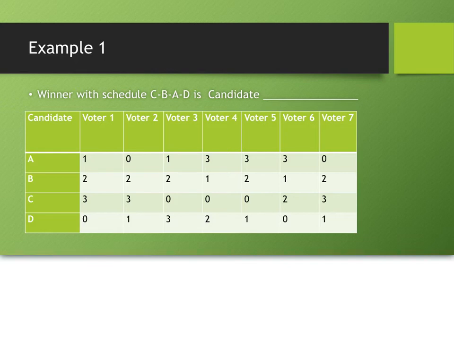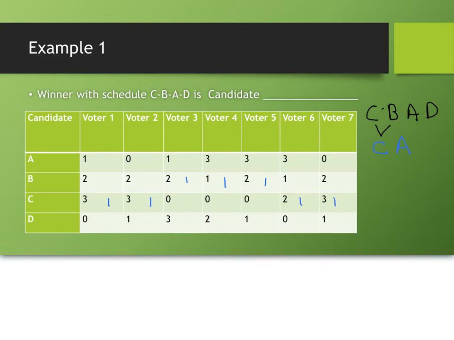All right, in this case, C, B, A, D. C versus B. Okay, I'll do this one in blue. C versus B. C wins that one: B, B, B, C, C. So C takes it.